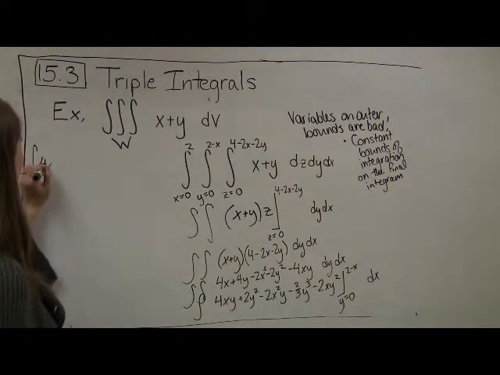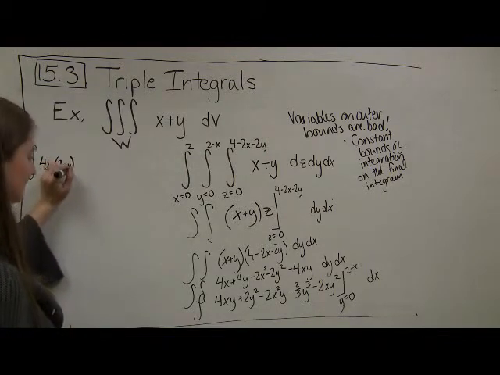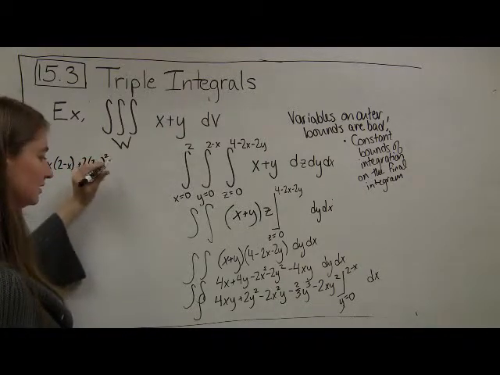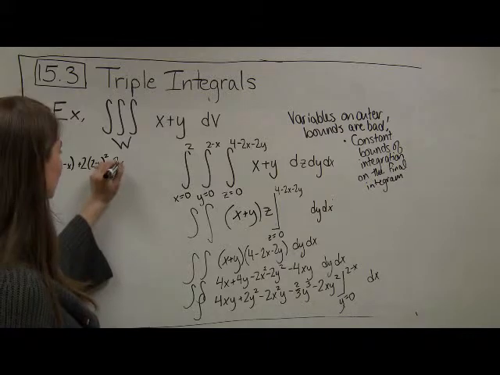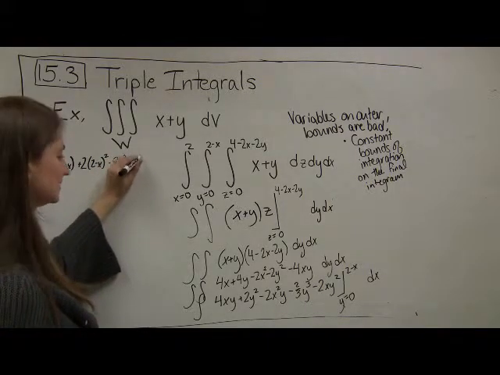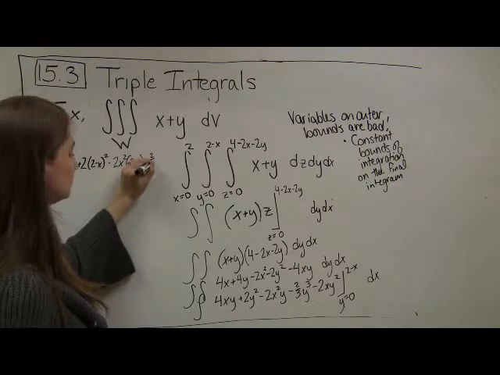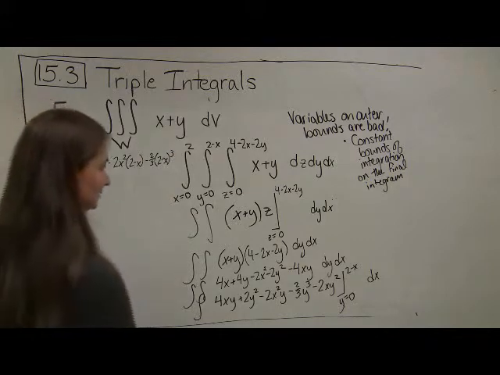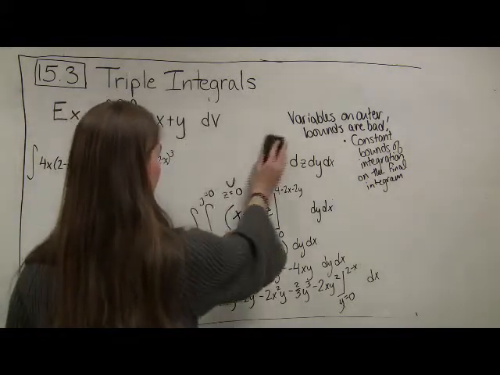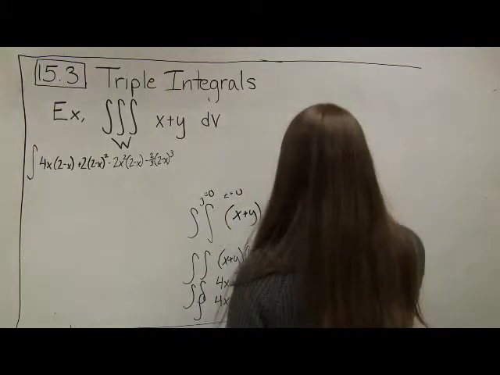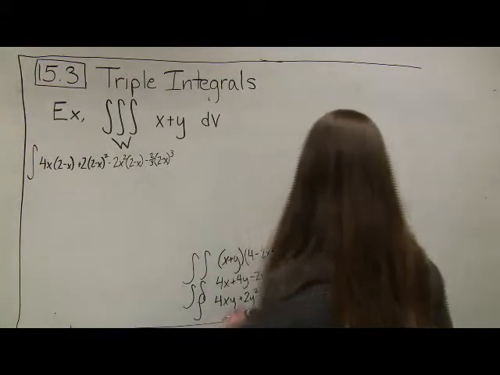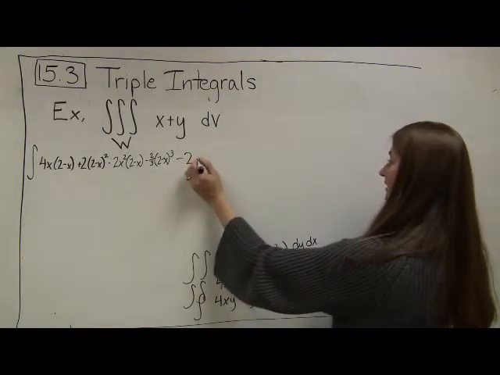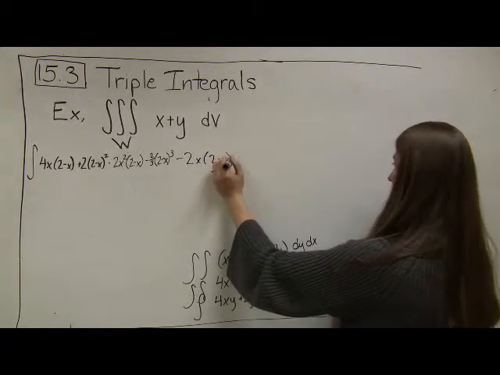I'm going to get 4x times 2 minus x plus 2 times 2 minus x squared minus 2x squared times 2 minus x minus 2/3 2 minus x cubed, so I have this term, and then minus 2x times 2 minus x squared.